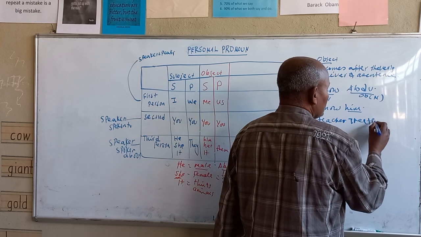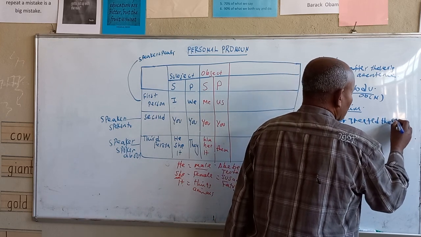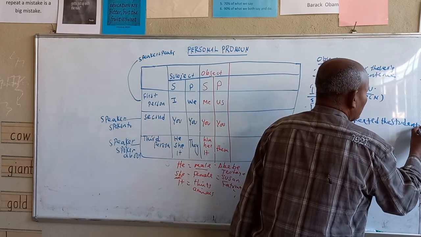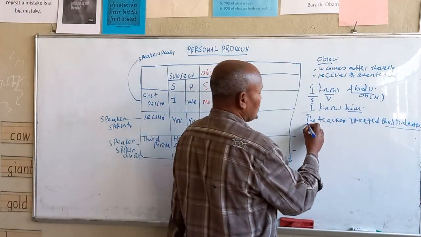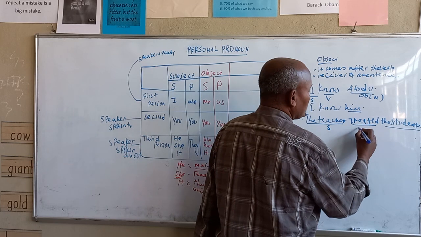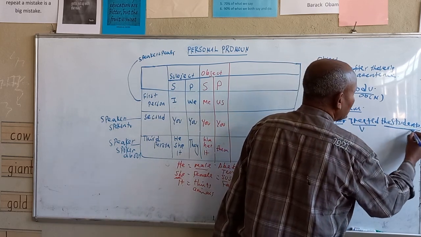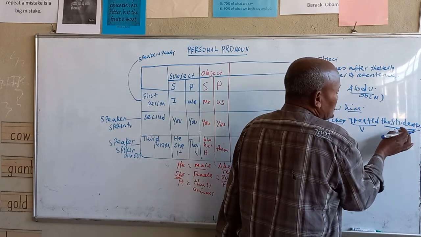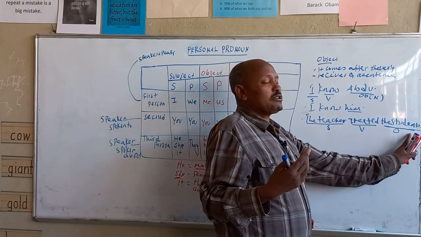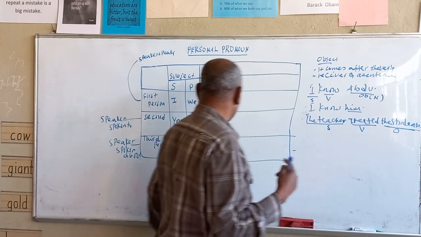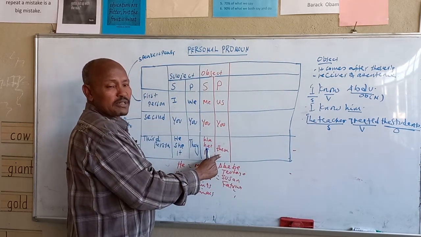The teacher graded the students. I want to focus on the object of the sentence. The teacher is the subject, and this is the verb, and this is called the object, which is the noun phrase. So I'm going to substitute this object of a sentence with the correct objective case of the personal pronoun.